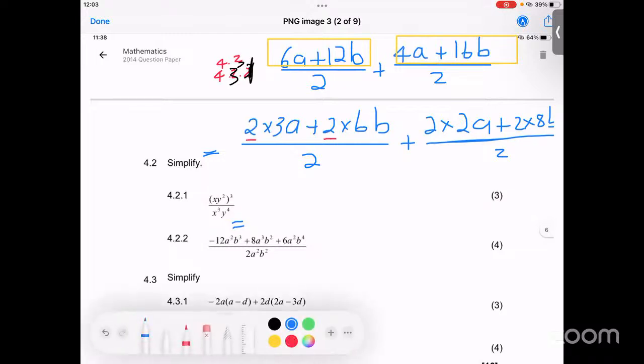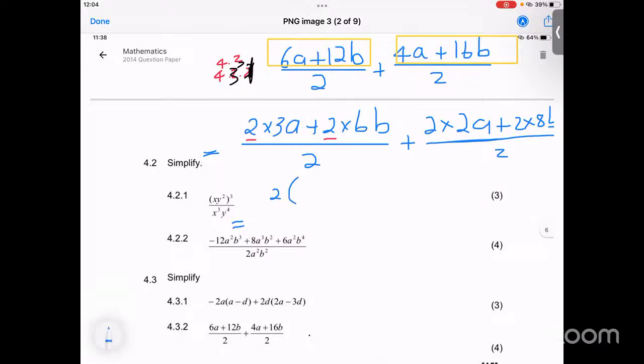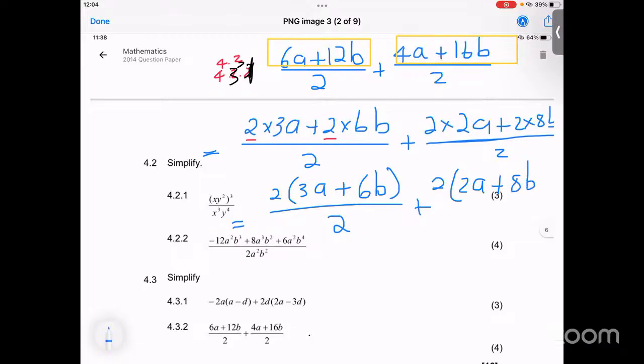So that means you can therefore say, okay, I'm having 2 inside, I'm remaining with 3a plus 6b. Yes, that's what you remain with after taking out the 2. Here, you can still take out the 2, and you'll remain with 2a plus 8b.